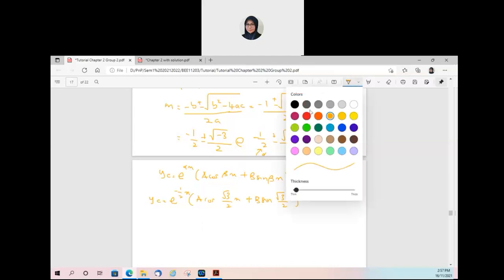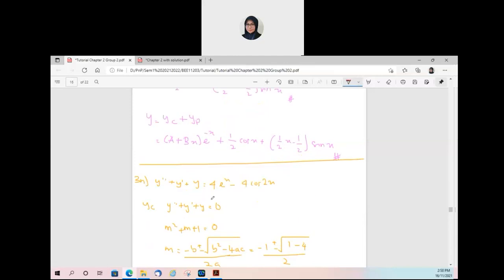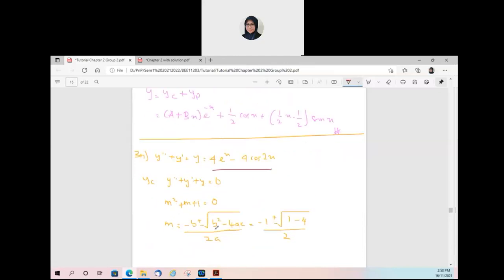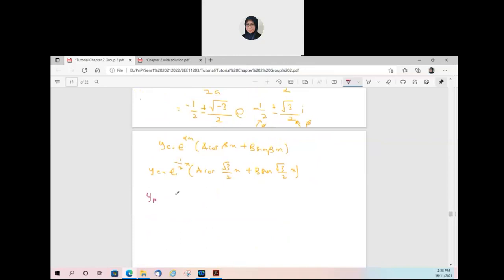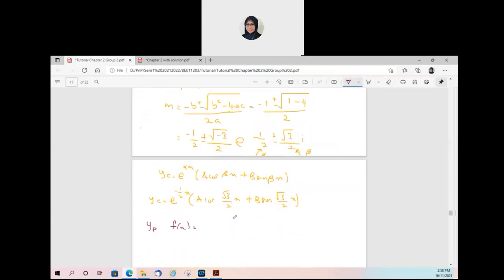So now we will find YP. Okay. Now kita tengok YP. Okay, kalau you tengok YP, kita ambil daripada sini fx. So here we have fx equals to 4 exponent x minus 4 cos 2x.